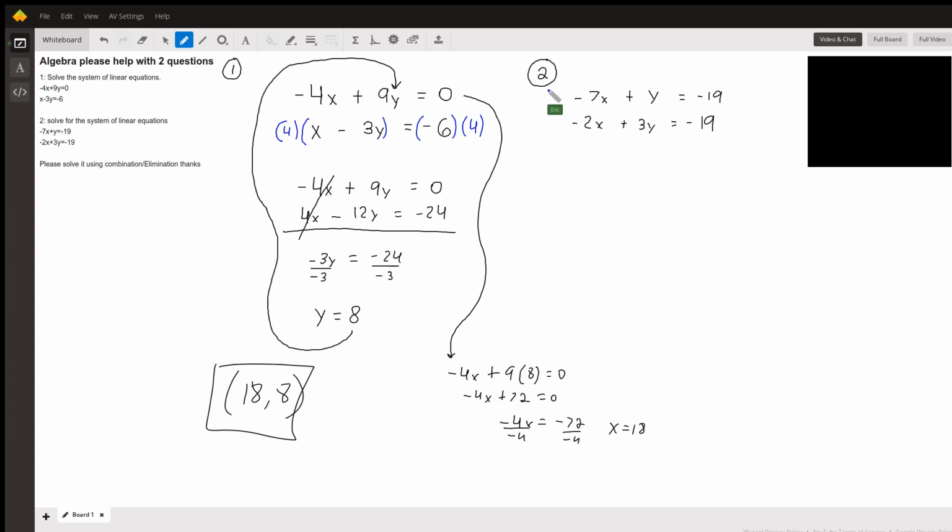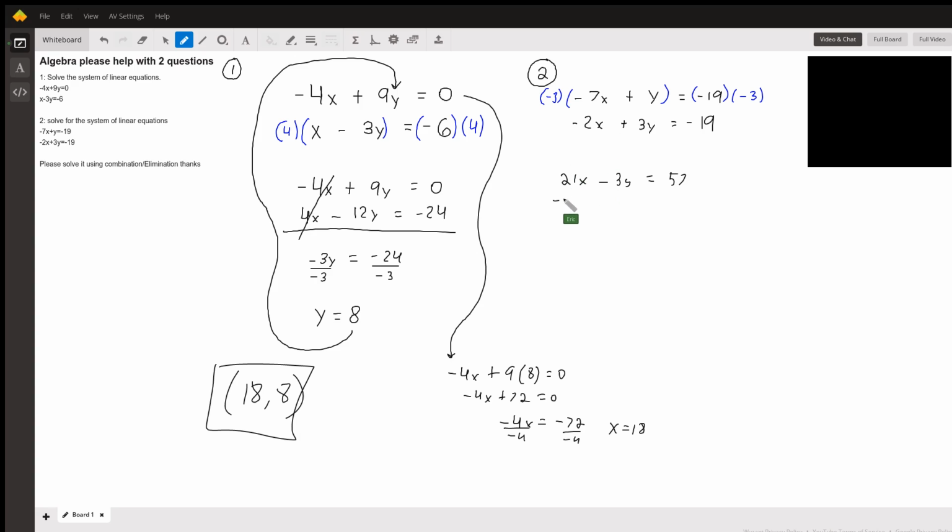So let's just multiply the top equation by negative 3. Now that gives us 21x minus 3y equals negative 19 times negative 3. Negative times a negative is a positive. 20 times 3 is 60, so 19 times 3 is 57.